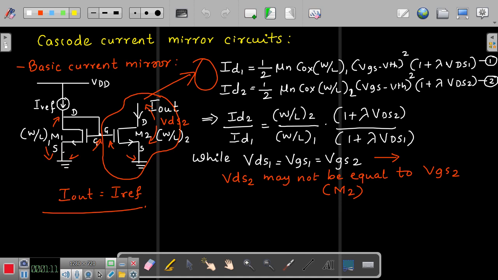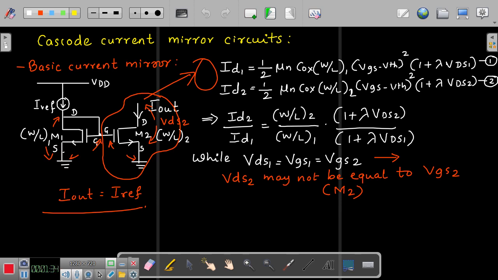And since this point is common for both transistor 1 and transistor 2, your VGS2 also happens to be the same as VGS1, but the only problem is your VDS2. Your VDS2 need not necessarily be equal to VDS1, because this is a different transistor.